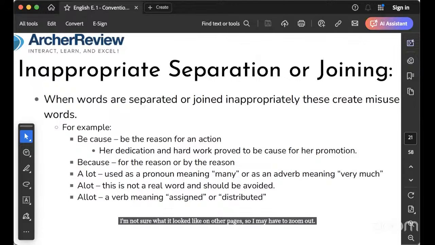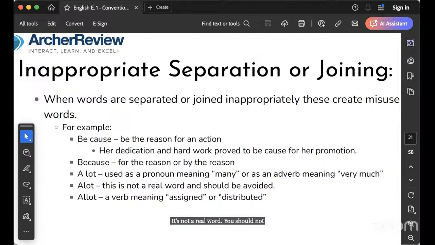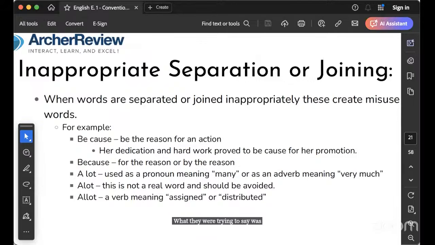But anyways, so the word "alot," A-L-O-T, that's actually not a real word. People have used it incorrectly so much that others have started to think that it's actually a word, but it's not. You should not use it because it's not a word that exists. It's been made up. What they were trying to say was "a lot," with a space.